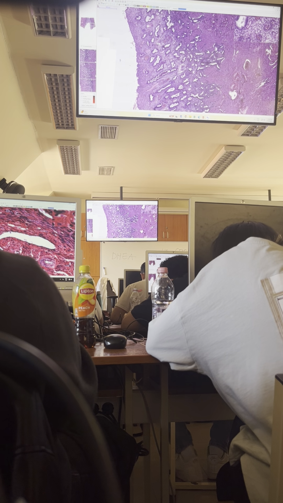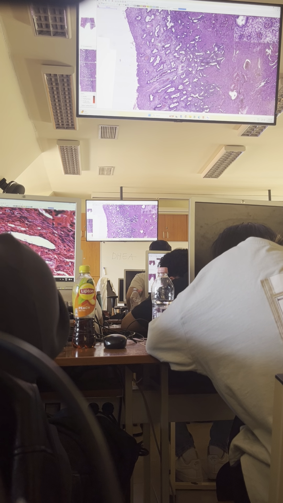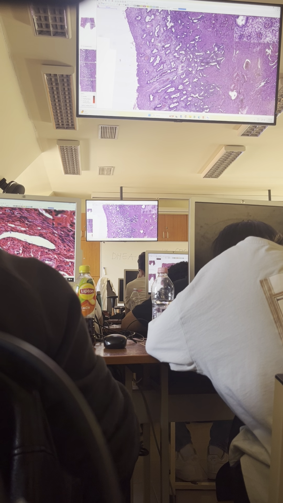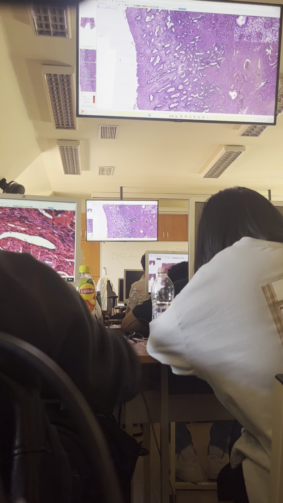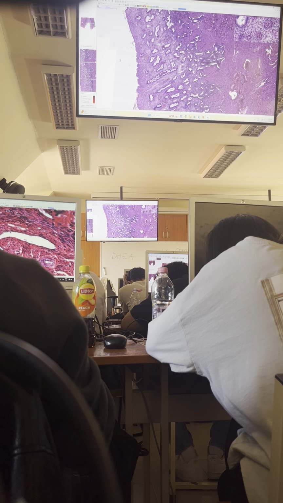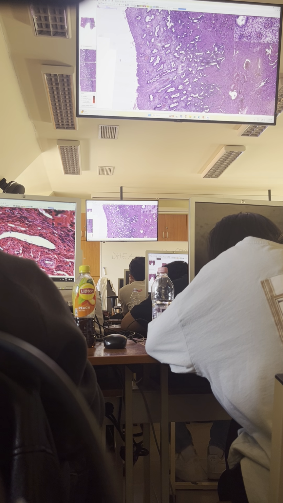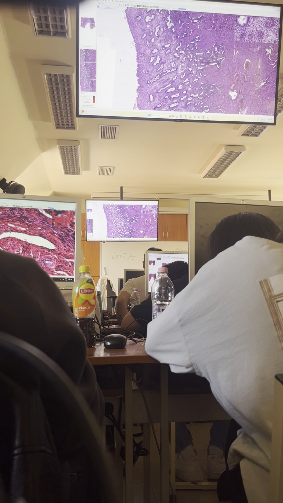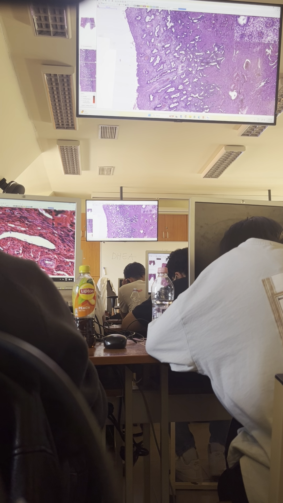And the reason why this deeper part looks paler is mainly due to the fact that nuclei, cell nuclei, are farther apart. The nucleus is the darkest part of the tissue. If nuclei are farther apart, then the general impression will be that the tissue is paler. If the nuclei are farther apart, then the cells are farther apart.